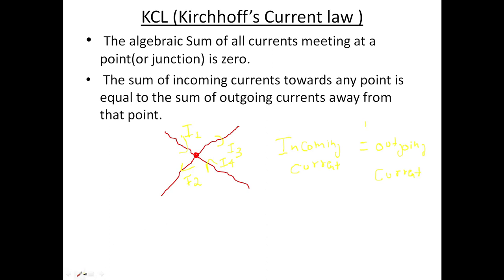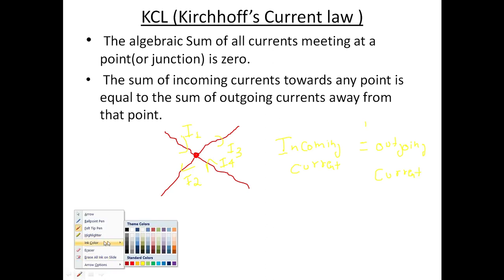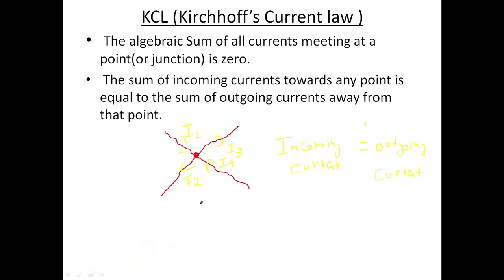So here, if we look at the problem, the incoming currents are I1 plus I4, whereas the outgoing currents are I2 and I3 across this node.